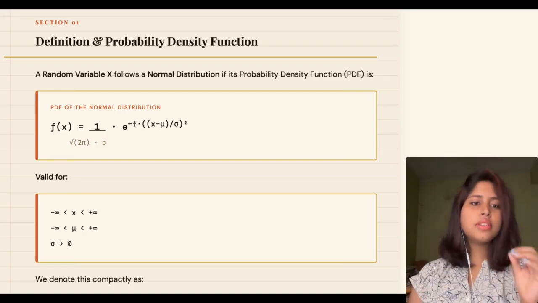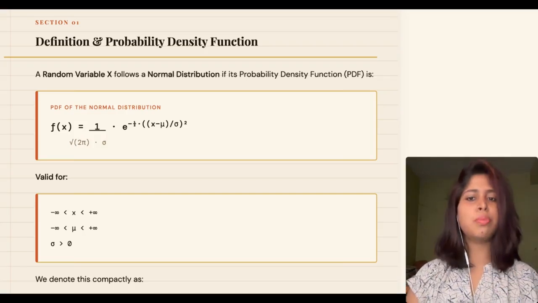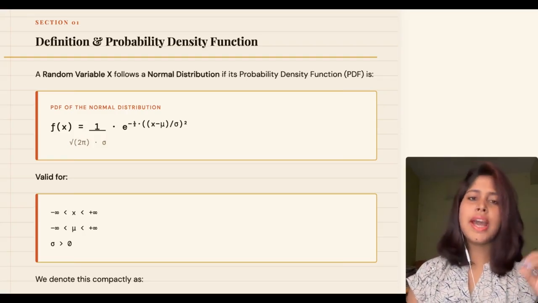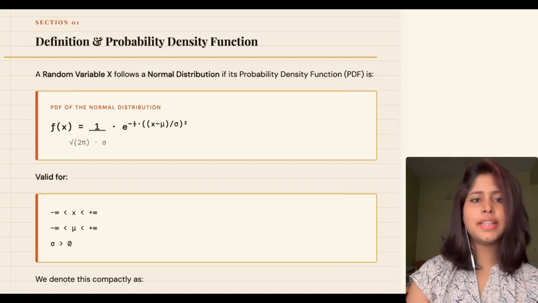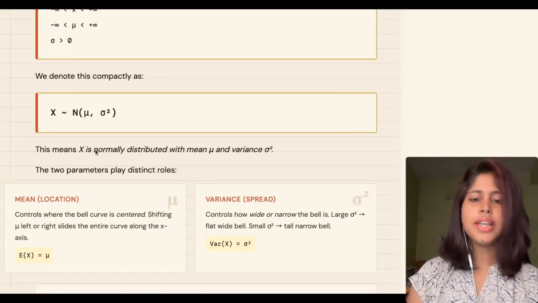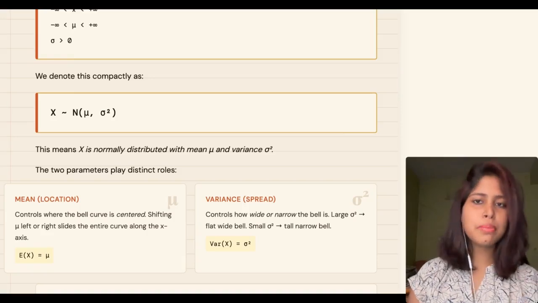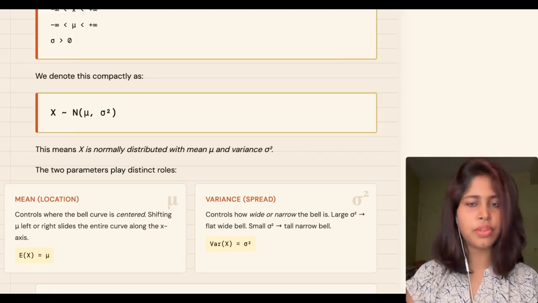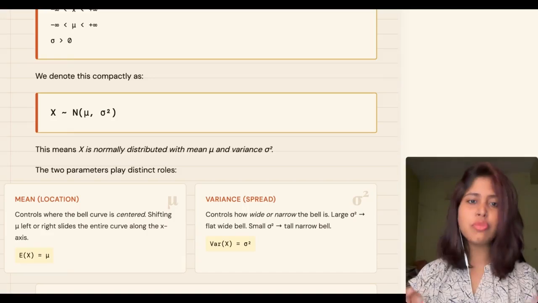Okay, now this is valid for, this is the condition that x will range from minus infinity to plus infinity, mu will range from minus infinity to plus infinity, and sigma will be strictly greater than 0. And we will write that compactly like this. This is the notation, okay? That is, x follows normal mu comma sigma square, which simply means that x is normally distributed with mean mu and variance sigma square. Now let us break down what these two parameters actually mean visually.